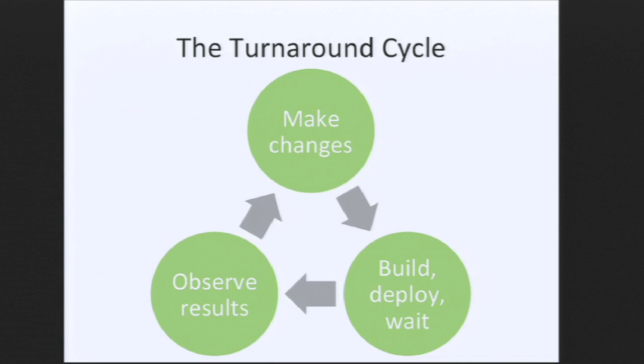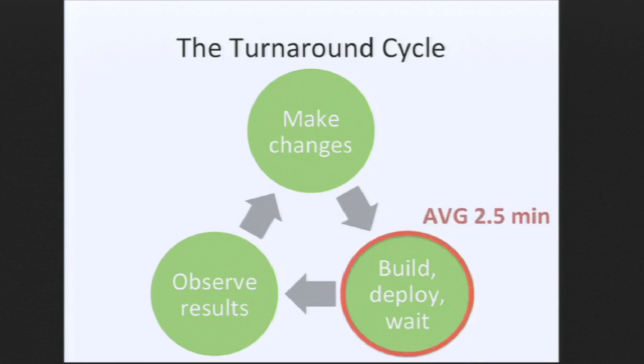You make a change in the source code or in a configuration file, and you probably rebuild the package, you upload the archive to your application server, you redeploy the application, you wait for some time, and then you can observe the results. Maybe you have to re-navigate inside the application to see the change as well.